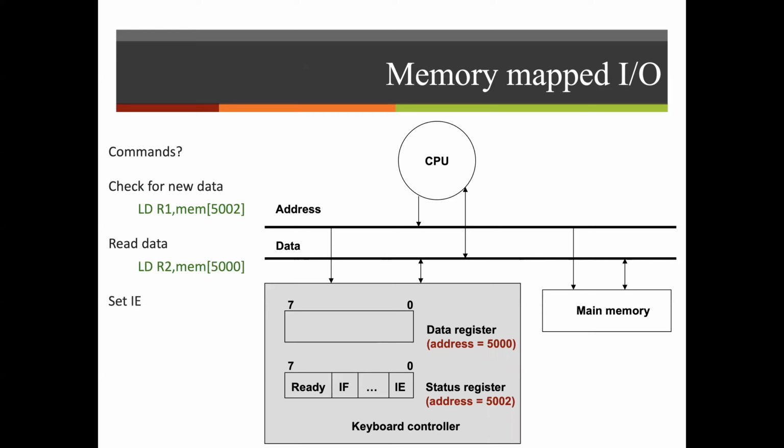And then we'll also need to be able to set the interrupt enabled bit. And so using these commands, we have appropriate mechanisms in place to move data on the address bus.